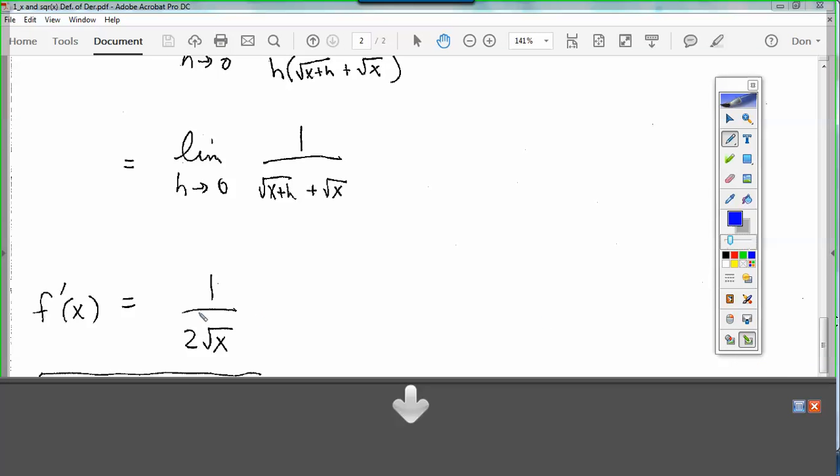Okay, but what's another way to write 1 over 2 square root of x? Could write it like that. And what's another way to write that?